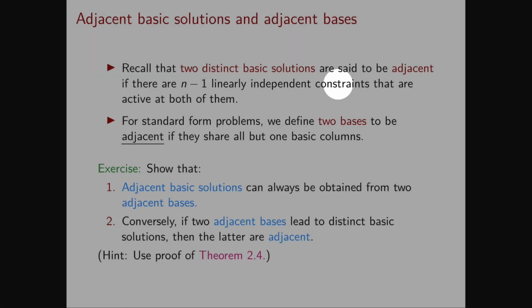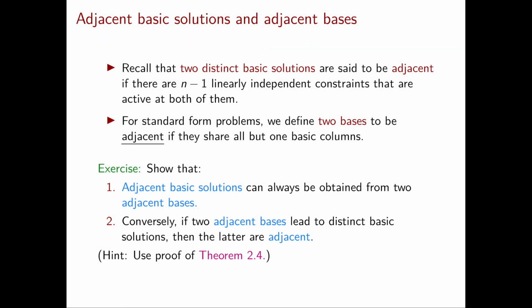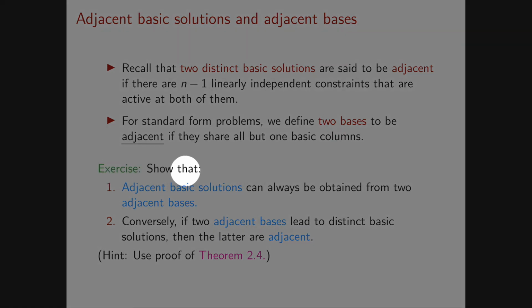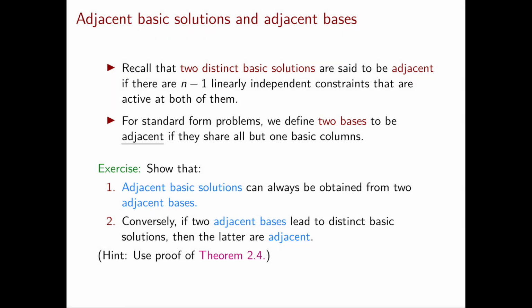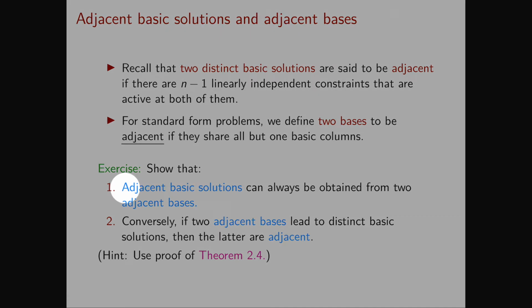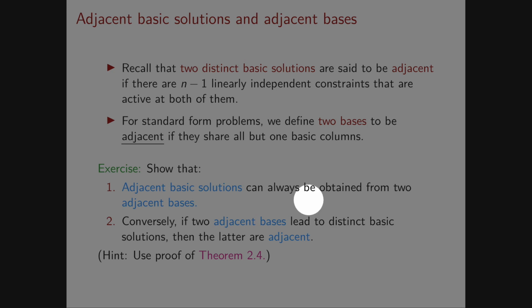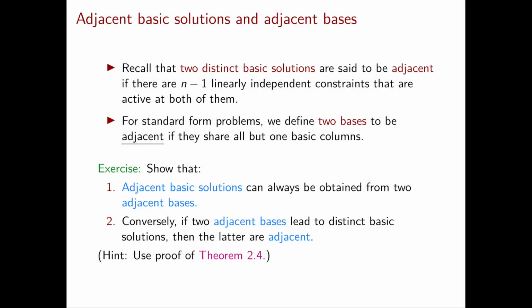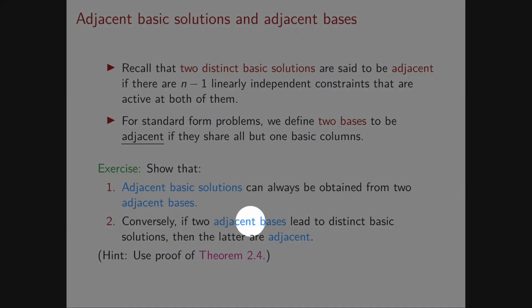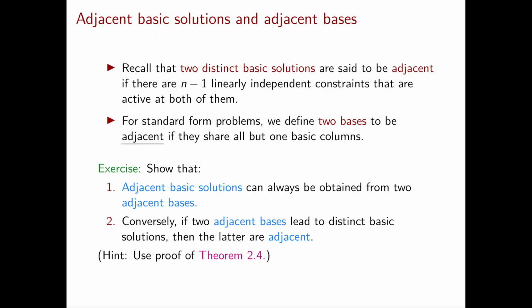I leave as an exercise for you to show the following connection between adjacency between basic solutions and adjacency between bases. First, adjacent basic solutions can always be obtained from two adjacent bases. Second, if two adjacent bases lead to distinct basic solutions, then the latter are adjacent.